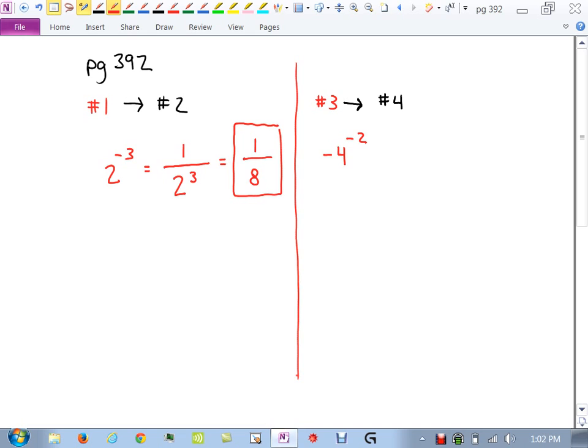The question is whether or not that negative comes with the 4, or the negative stays out front, right? That's the biggest concern we have. And this is where the use of parentheses is vital. Do we have parentheses around negative 4? No. So the negative 2 is only acting on that positive 4, and we're actually looking at that negative in front as a negative 1 times 4 to the negative 2, right? That's what's actually happening there.